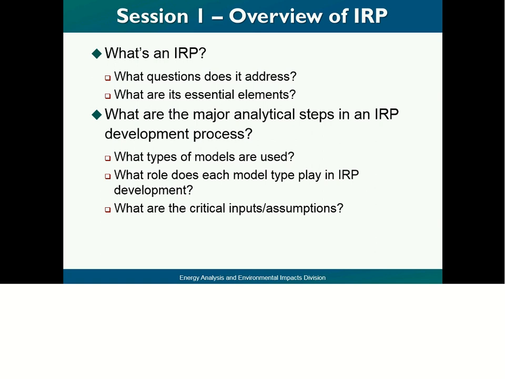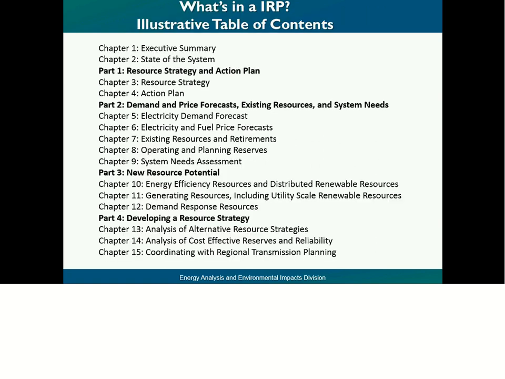So this is what a typical table of contents might look like for an IRP. You have a resource strategy right up at the beginning, an executive summary, and section 2, state of the system. So this is the context in which we're doing planning. These are the policies. This is the planning environment.